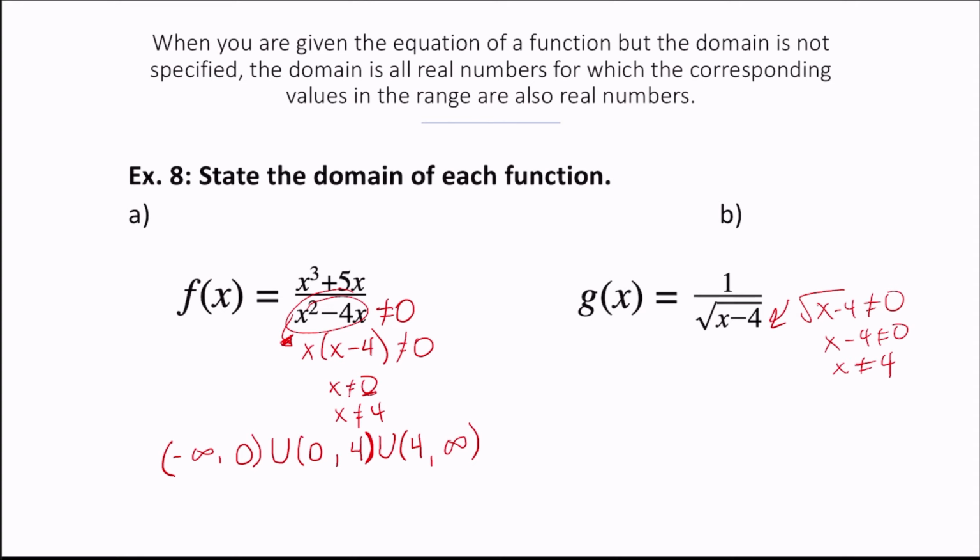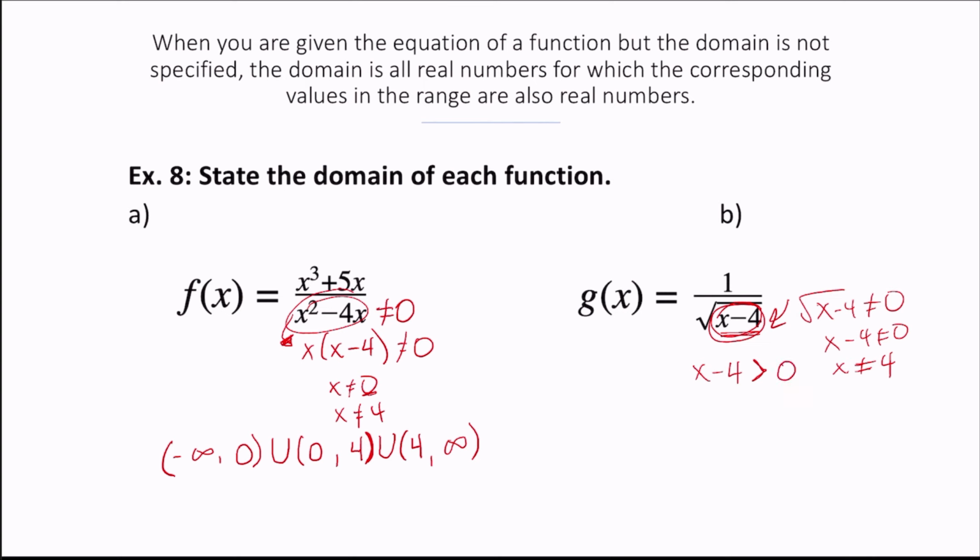However, we also have a square root, and we know that we can't take the square root of a negative number. So we know that this part that's inside the square root has to be positive.